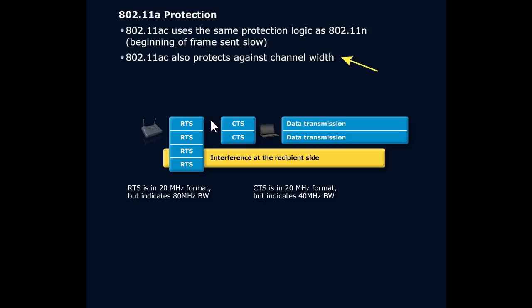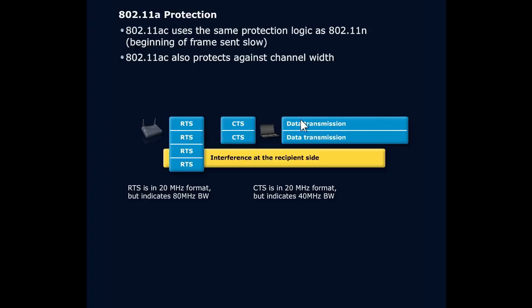So 802.11a only supports a 20 megahertz channel, a single channel. 802.11n supports aggregating 2 adjacent channels. 802.11ac can actually support 80 megahertz, again, doubling that again, and theoretically, even working out to 160 megahertz channels if needed.